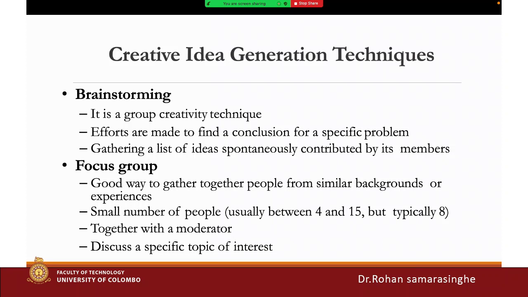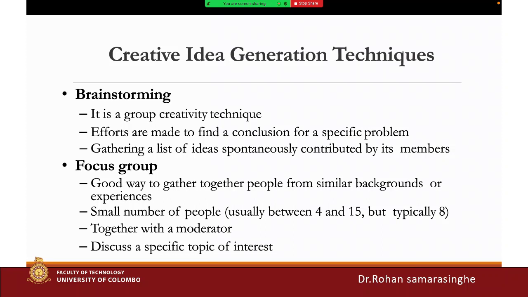And focus group. The brainstorming effort is made to find a conclusion for a specific problem, gathering a list of ideas from the people who participated in the brainstorming, and then everyone must contribute and select from that set of ideas the most suitable one for the given problem.